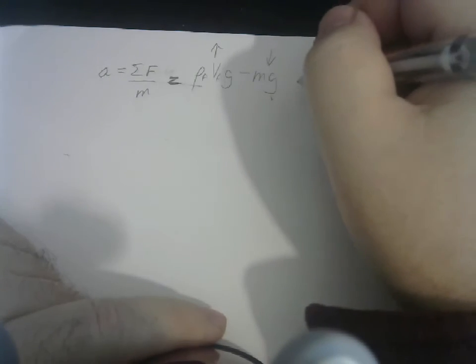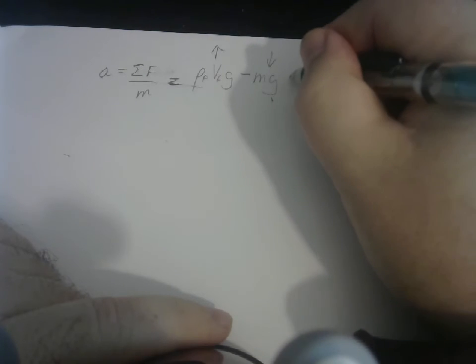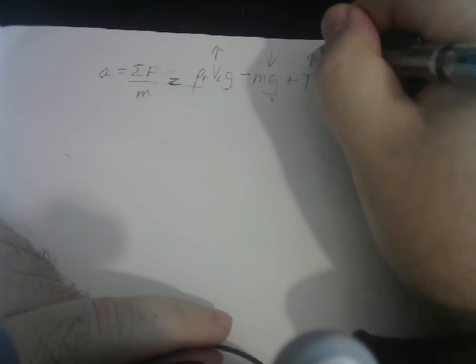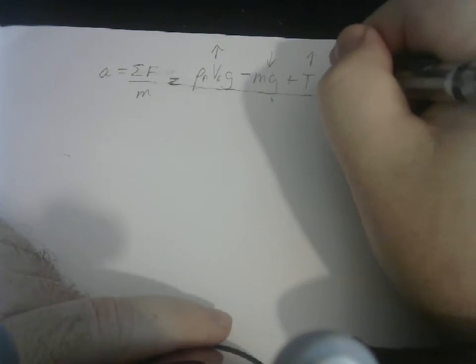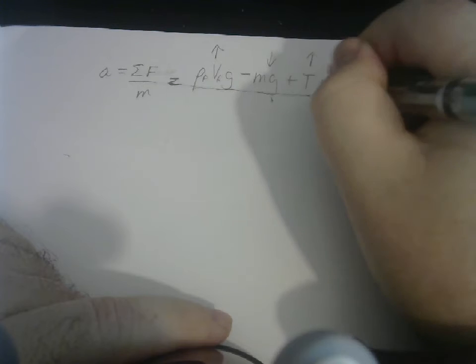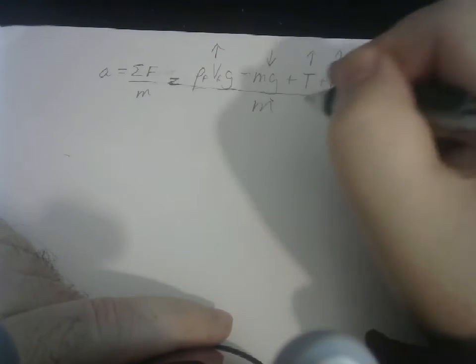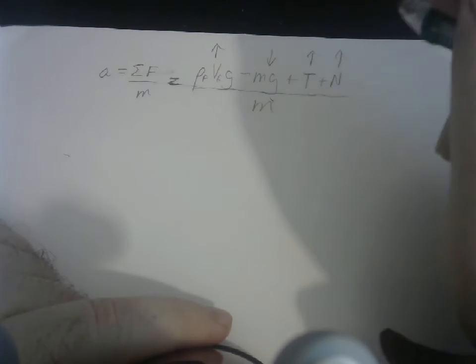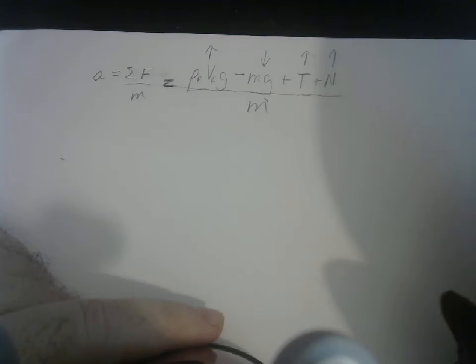And sometimes, if the thing is resting on the bottom of the water, we may have a plus T pulling up, or a normal force pushing up from the bottom surface. And then all of that is divided by the mass of the object that is either sinking or floating.